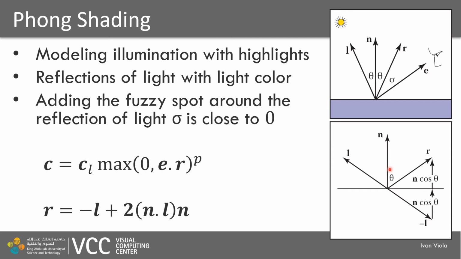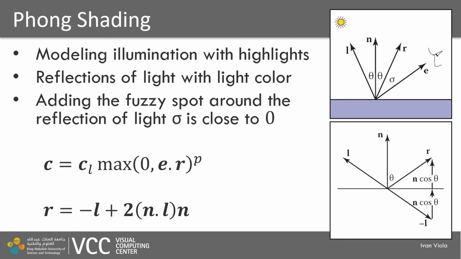So twice cosine theta in the direction of the normal vector brings us to the reflection vector. Minus L plus twice cosine theta scaled by the normal vector, and we have our reflection vector.